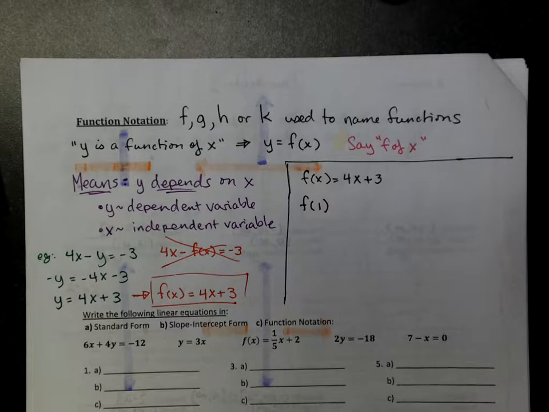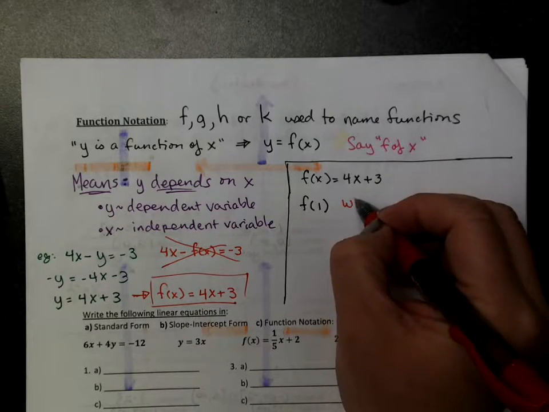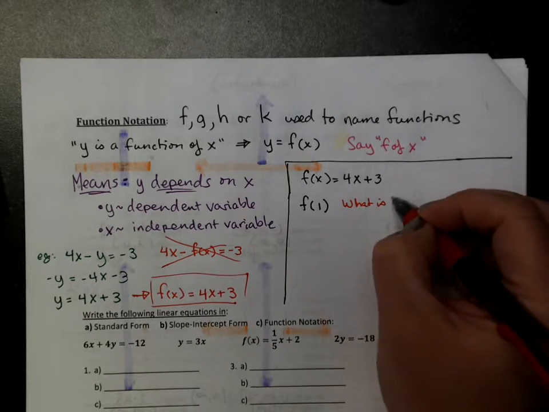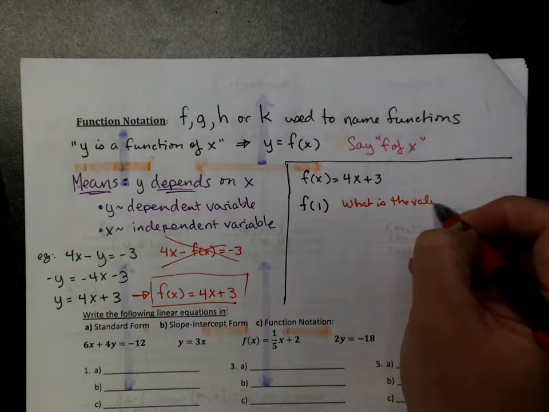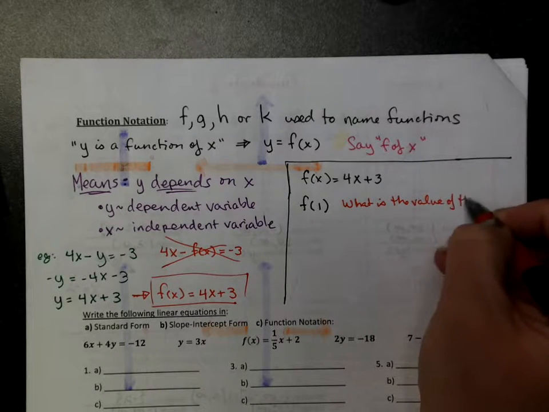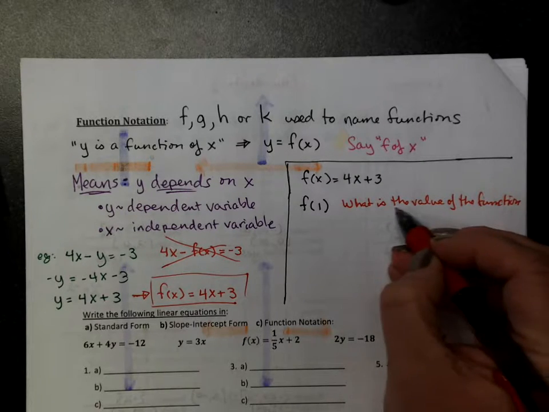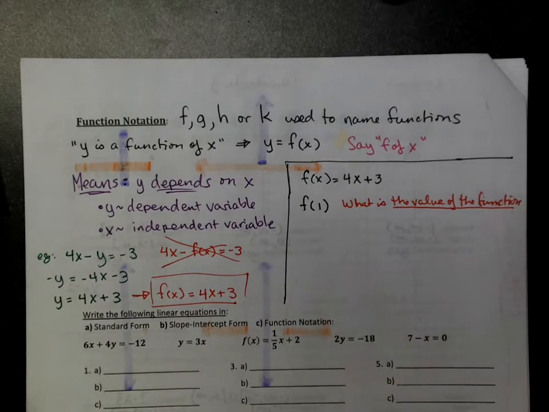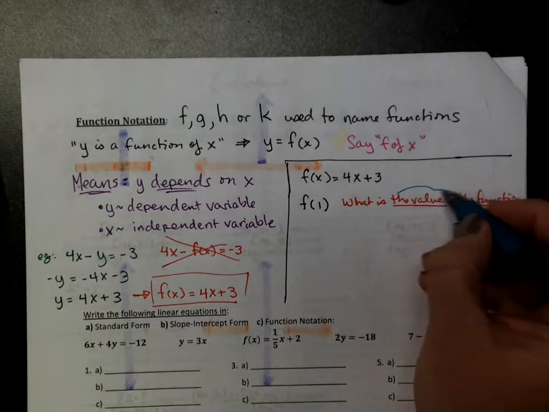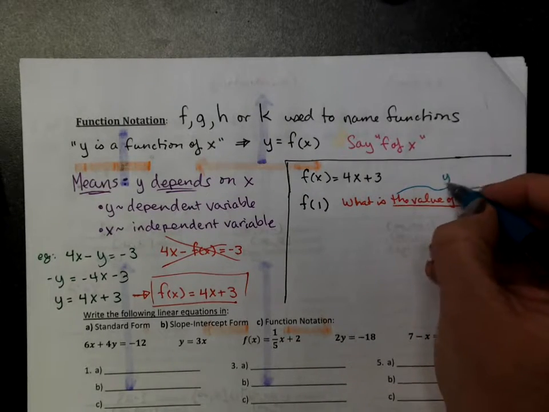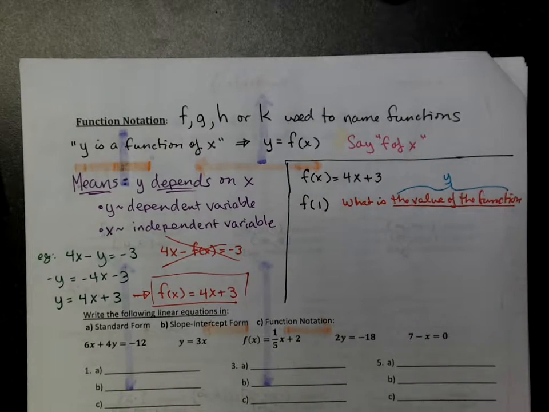What this means is, what is the value of the function? And when I say the value of the function, what I'm saying is my y. I want to know what my y is.